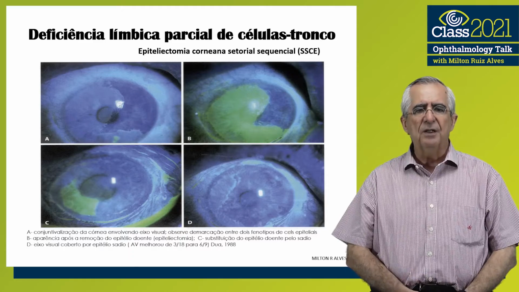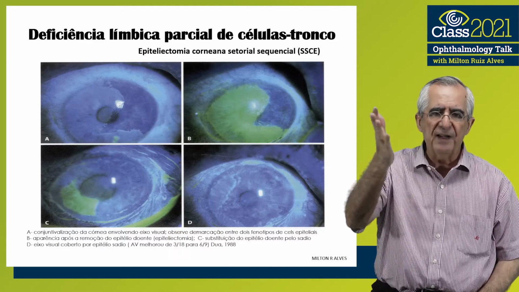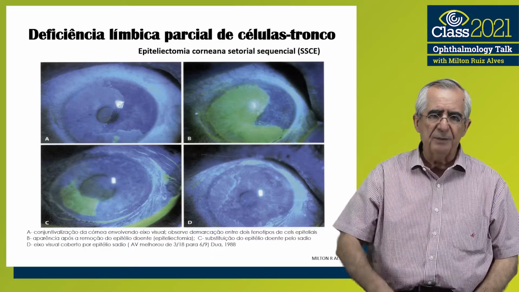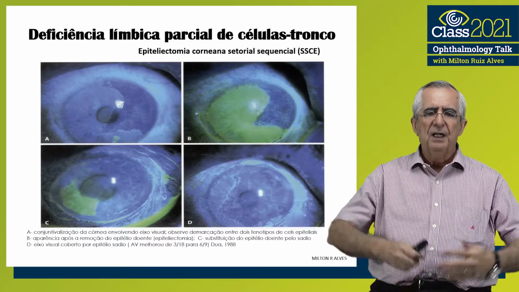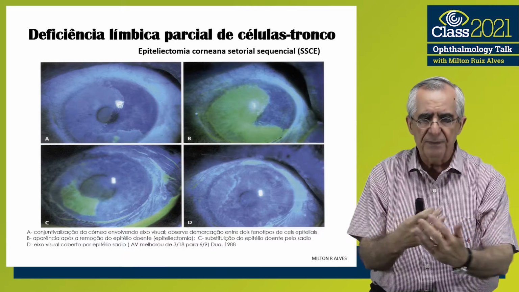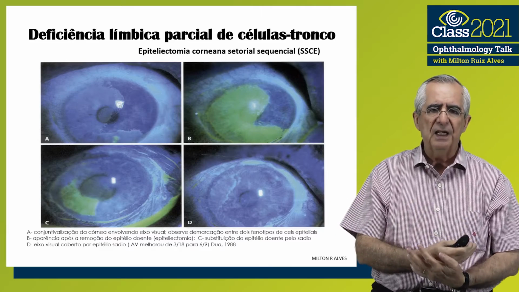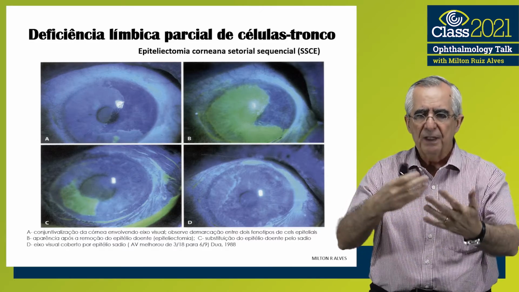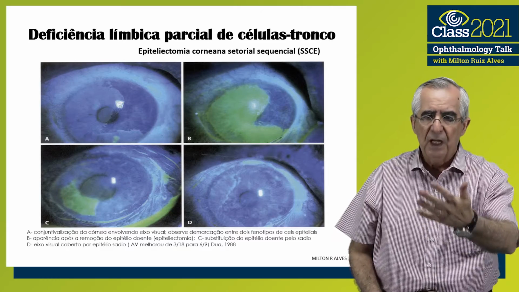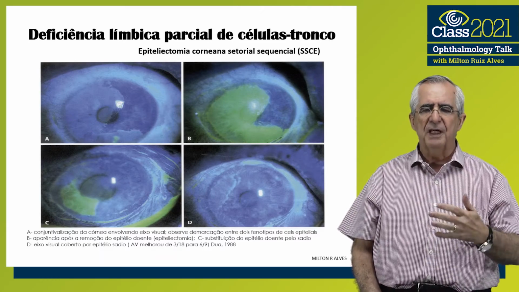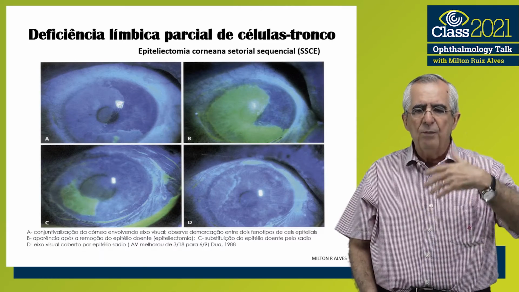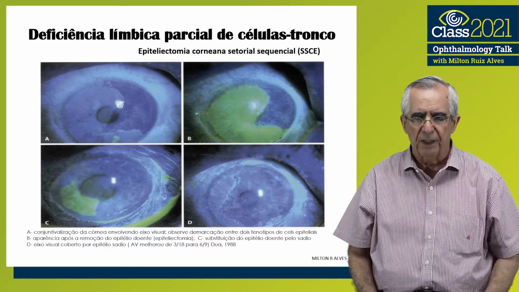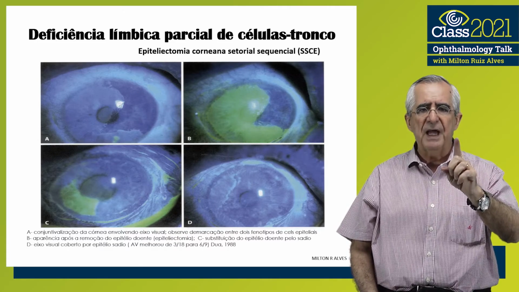The compromised epithelium is removed and healthy epithelium migrates to replace the altered epithelium. With this, the central area of the cornea ends up having a normal epithelium, regaining transparency and improving vision.